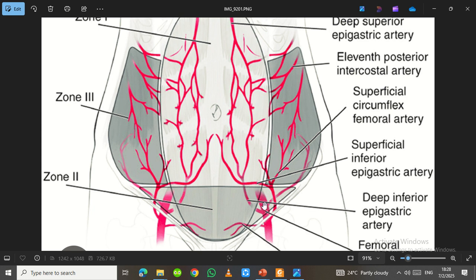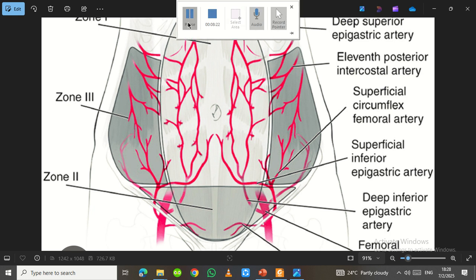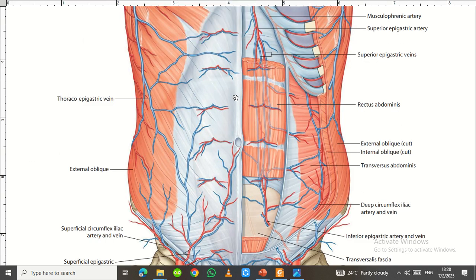And we also have a part of the deep circumflex iliac artery coming from the external iliac artery, also supplying the lateral. Right, understood? Good. Right, so that's the arterial supply of your anterolateral abdominal wall.